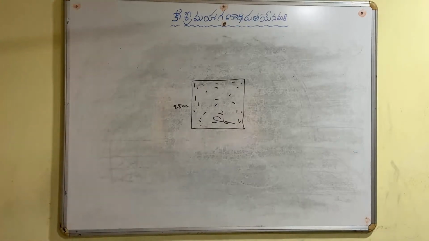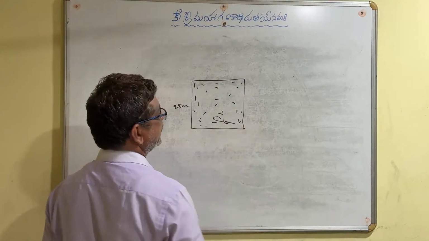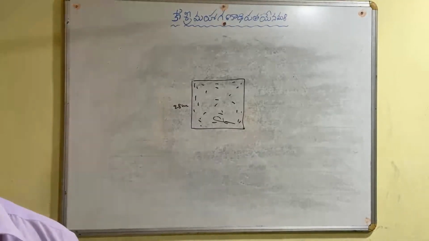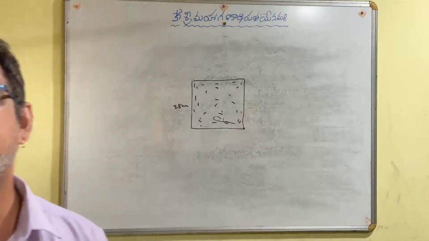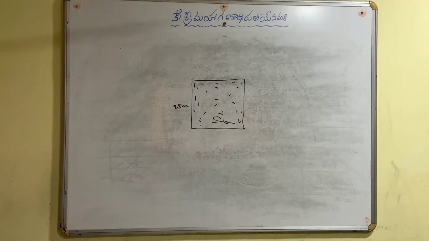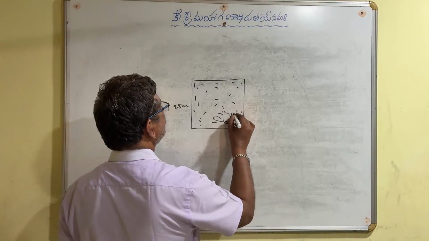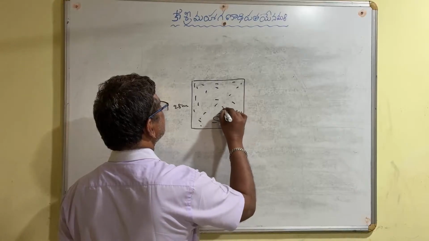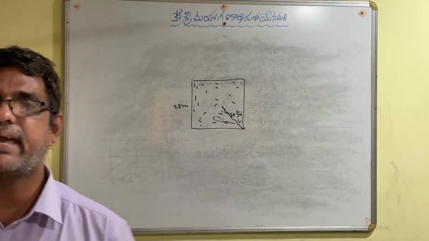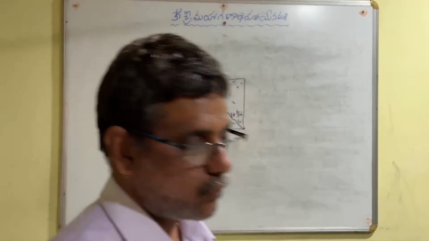A horse was tied at one of the corners of the square field with a 10.5 meters long rope. What was the area grazed by the horse or cow, whatever it may be?